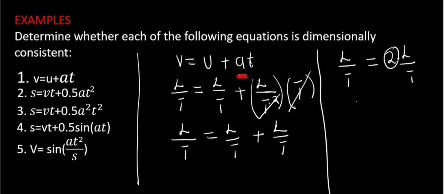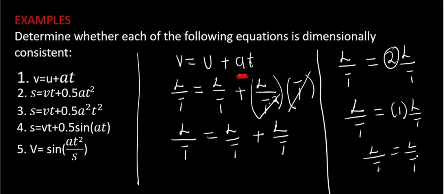Any number, whether it's 2, 4, or 3, is a constant, so that number will represent 1. So it will be L over T equal to L over T.